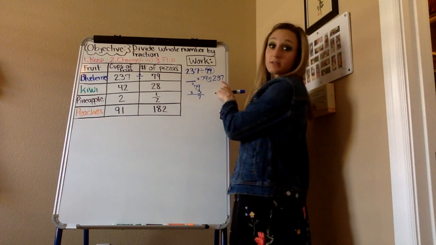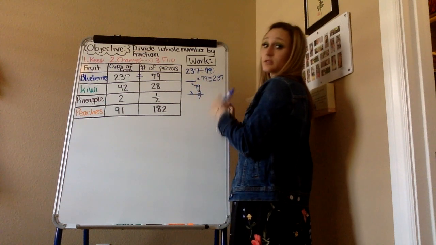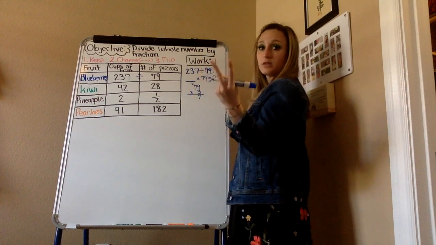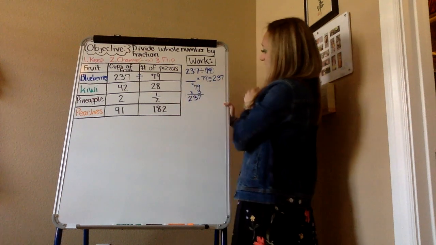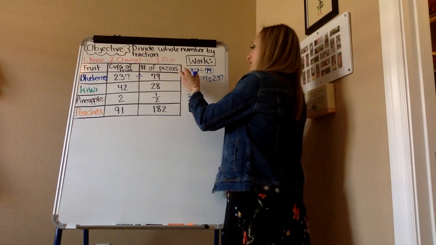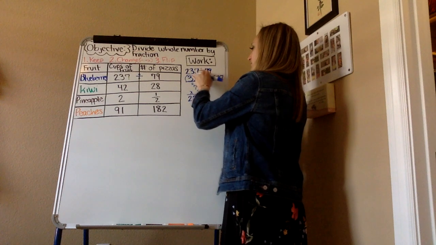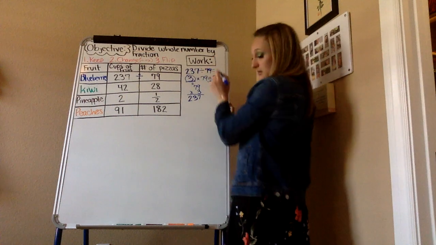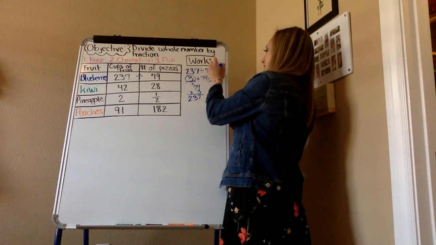Oh, there's a 7 and a 7. Looking good. 3 times 7 is 21. Plus 2. 21, 22, 23. 237. Oh, look at that. I got it. So, my answer for this problem is going to be the answer to 237 divided by 79. It's going to give me the cups of fruit per pizza.